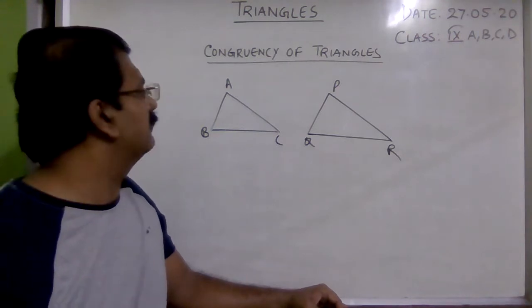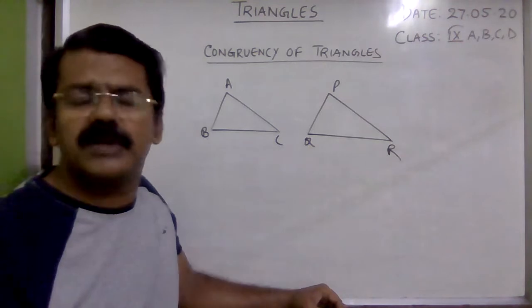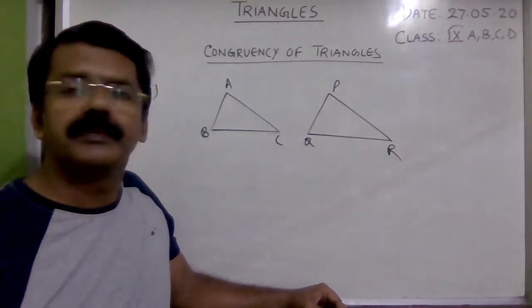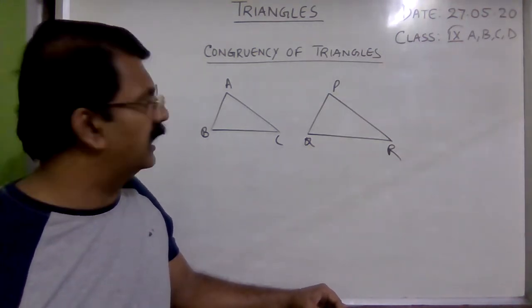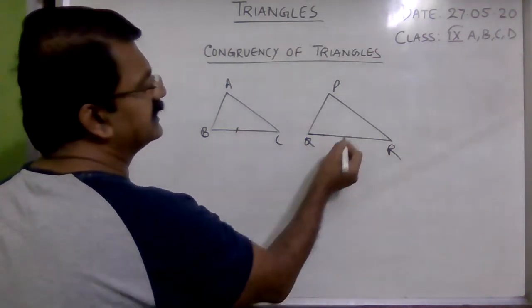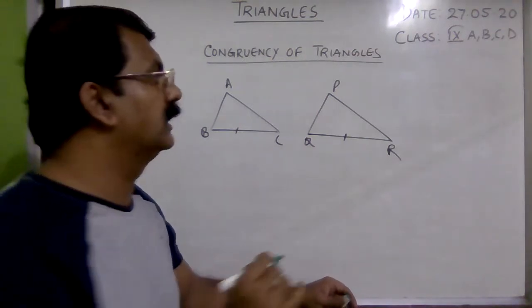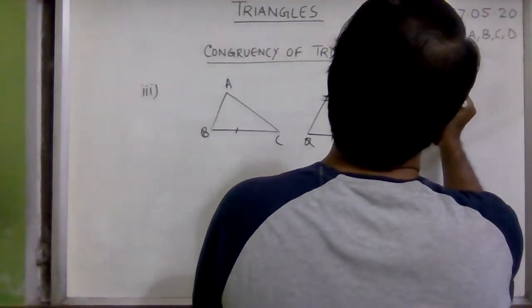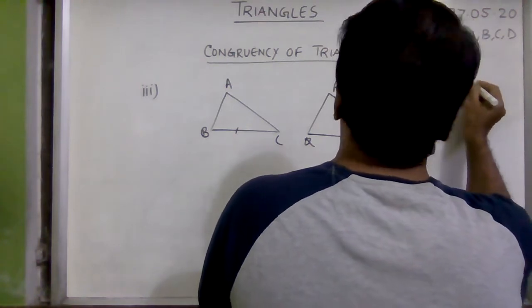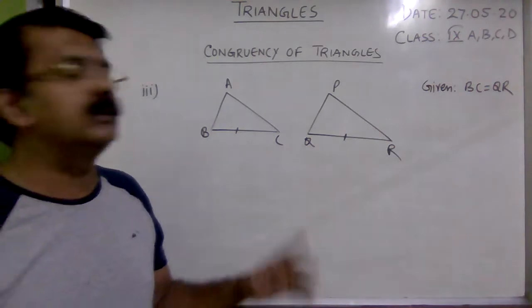Although it seems that the two triangles are congruent, we have to check the information given. So they have given that BC is equal to QR. Only one corresponding side in the two triangles is given equal. It is given that BC is equal to QR.